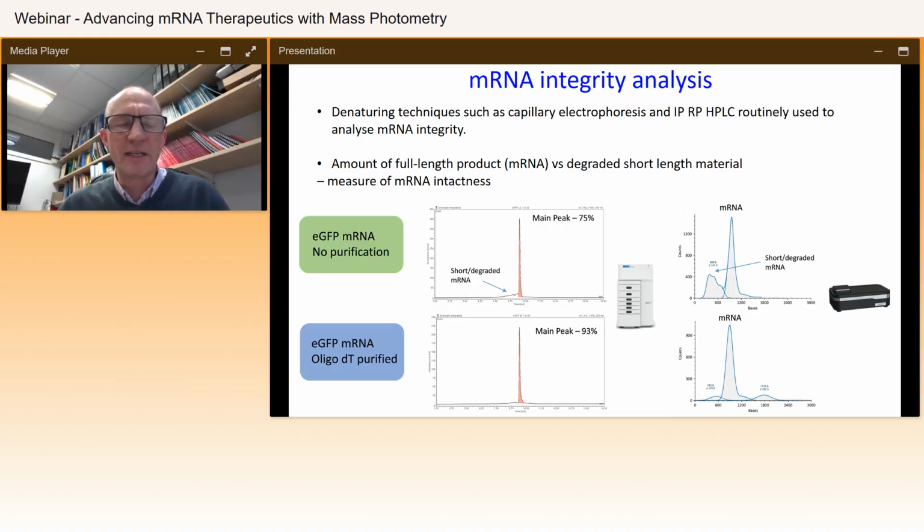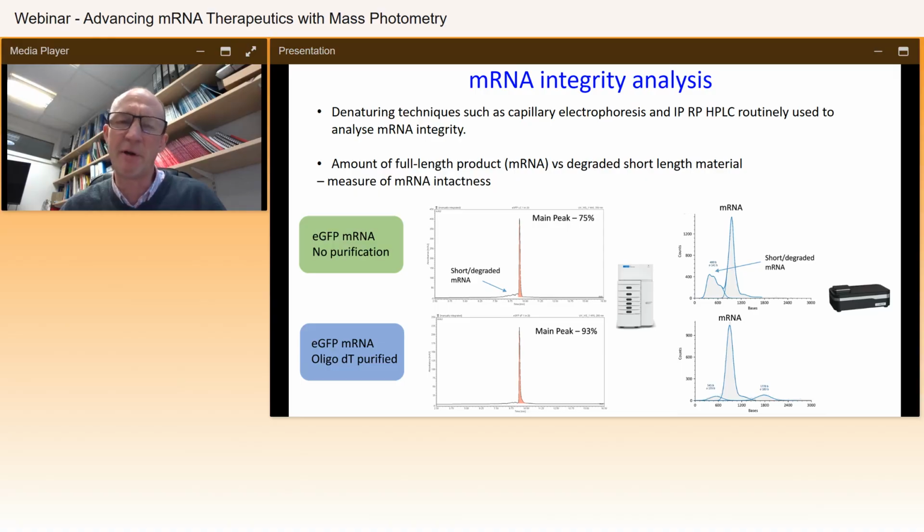So here's some particular example data where we've taken two different EGFP molecules, one on the top shown in green, which was generated straight from the in vitro transcription reaction with no purification. The corresponding chromatogram shown on the right-hand side is the denaturing ion pair reverse phase chromatogram. And you can see very small amounts of degraded RNA in there versus the full-length product.